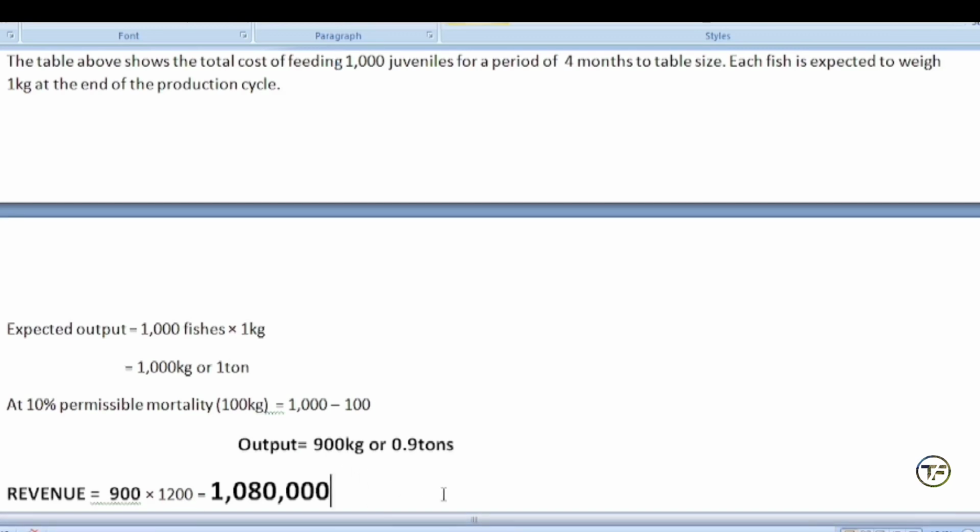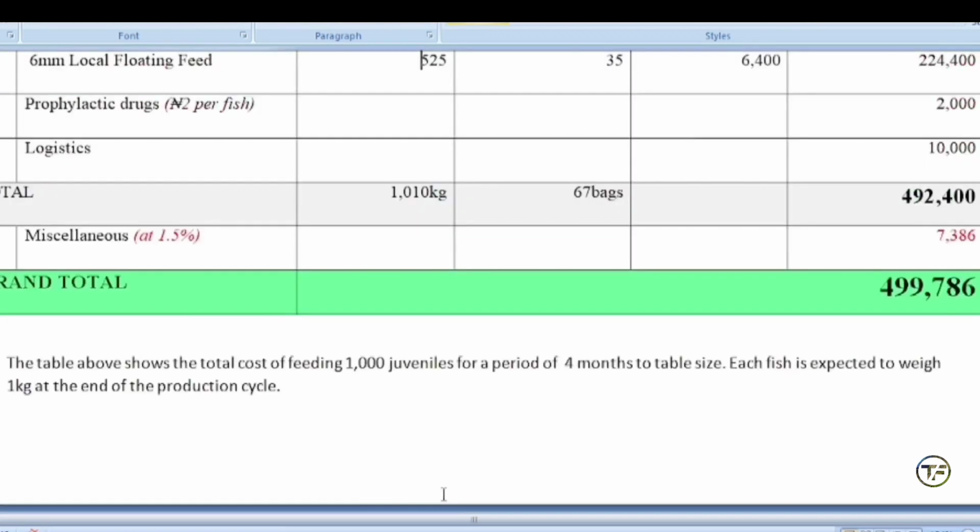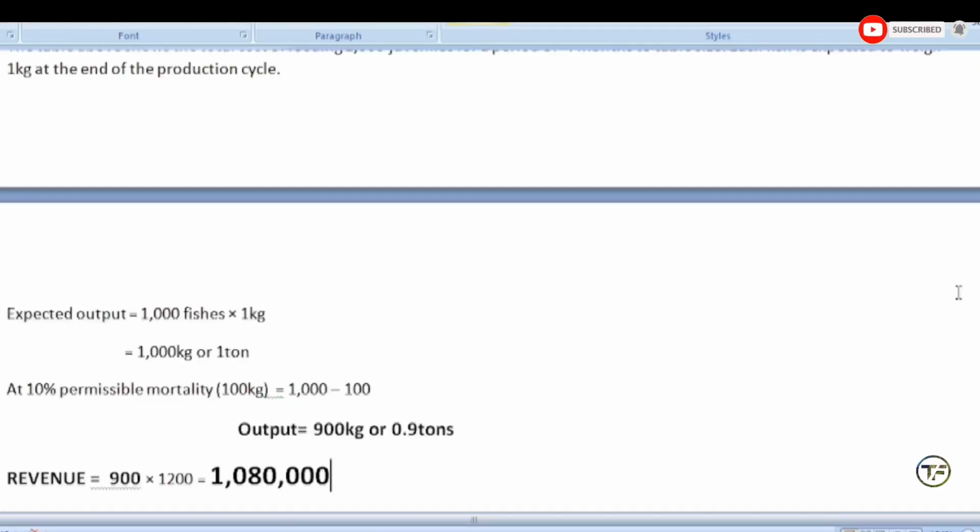Now if we are to subtract that from the total cost of feeding, which is this, let's copy this. So if we are to subtract this from the revenue, minus this, what are we going to get?